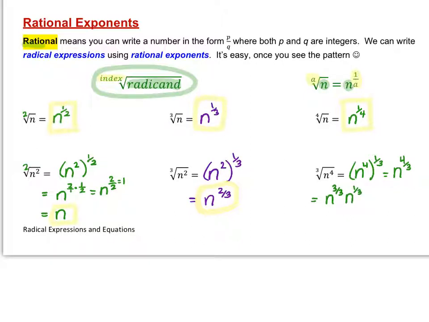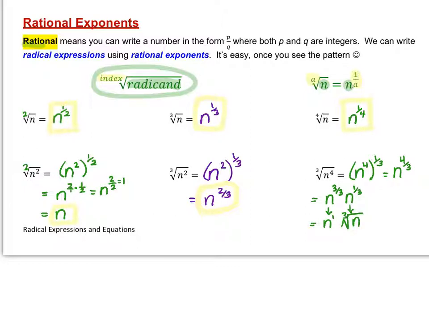Because we're using the exponent rule, if we have two numbers with the same base, n, we can add their exponents, 3/3 plus 1/3, which gives us 4/3. So we're using that rule backwards for our own convenience. Now we know n to the 3 over 3 power is the same thing as n to the first power, which is just n, and we know n to the 1/3 power can be rewritten as the cube root of n.